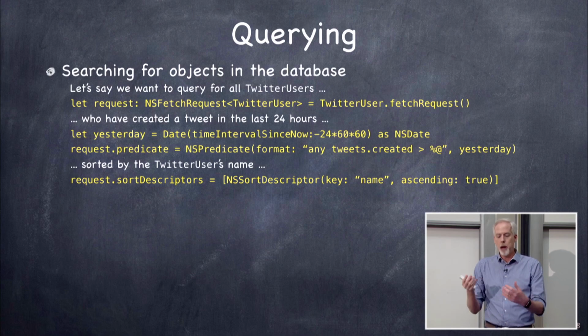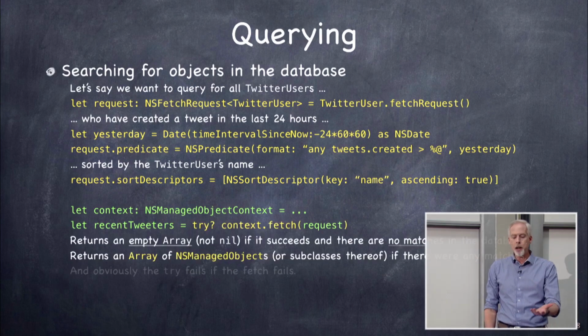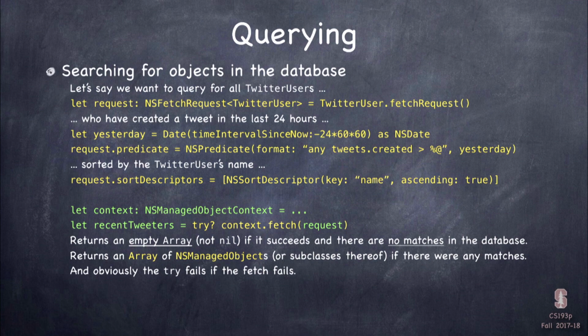I also can describe how I want the results sorted. Okay, here I'm going to sort them by the name of the Twitter user. Okay, and then I just ask the context, please go fetch those things that match that. And it gives me back an array of those things, as you might expect. And if nothing matches it, I'll get an empty array. If there was an error, like maybe my predicate had a syntax error, I said like any tweets dot created by, then this is going to throw.